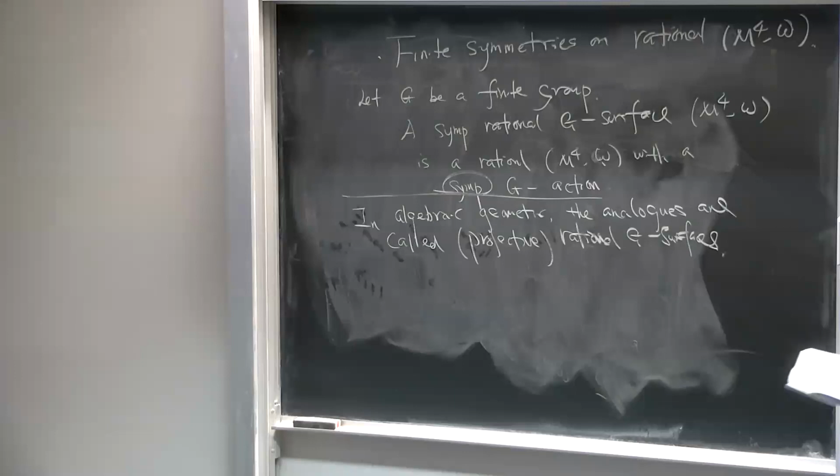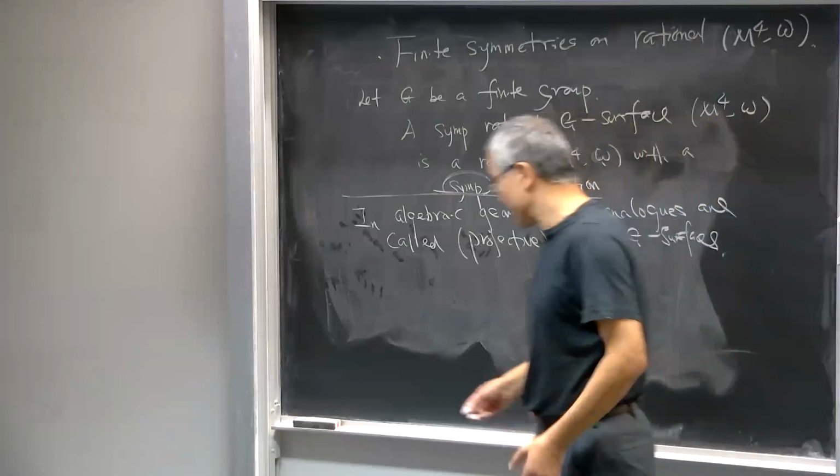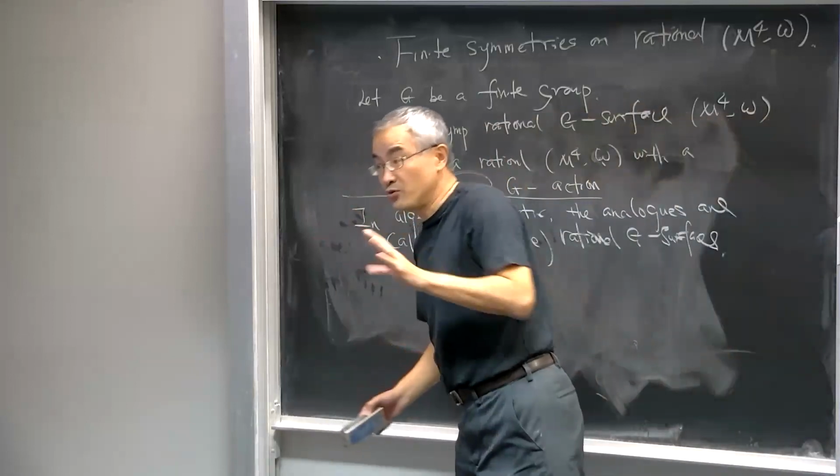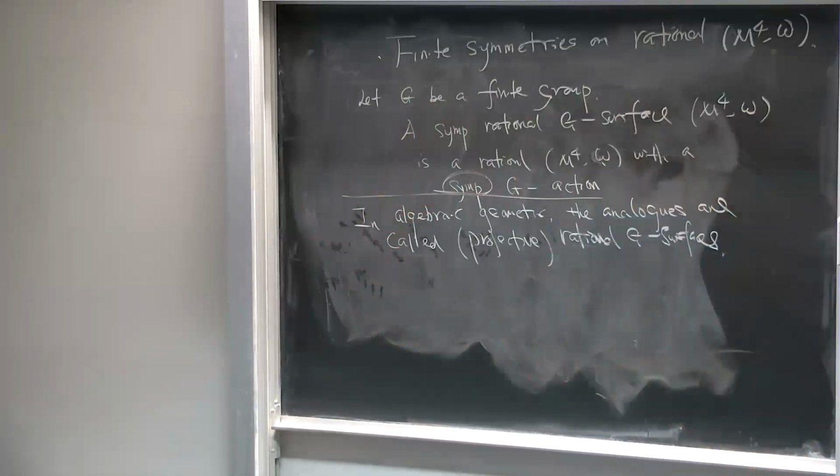What's the plane Cremona group? This is the group of birational equivalences of P2. All the birational transformations of P2 form a group, called the plane Cremona group, and they want to classify all the finite subgroups.